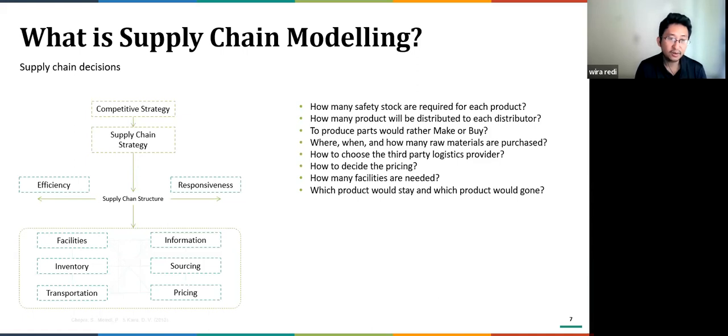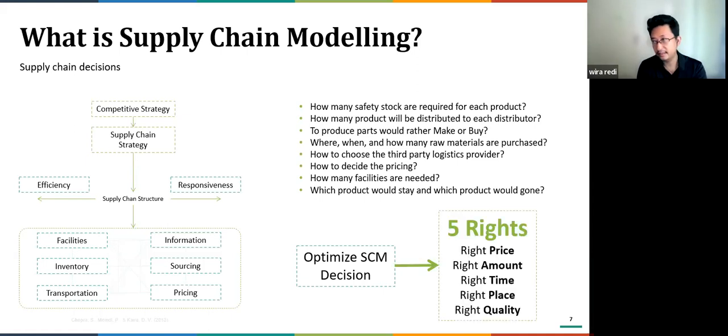Okay, but basically the goal is to have optimized supply chain decisions. What do we call optimized? It has this five rights mantra: right price, right amount, right time, right place, and right quality.